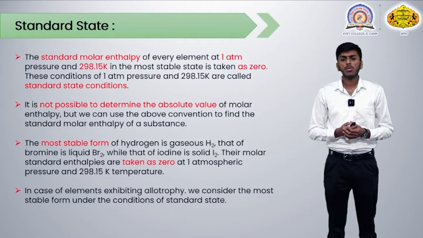The most stable forms, gaseous hydrogen, liquid bromine and solid iodine, have their molar standard enthalpies taken as 0 at 1 atmospheric pressure and 298.15 Kelvin. In the case of elements exhibiting allotropy, we consider the most stable form under the standard state condition.